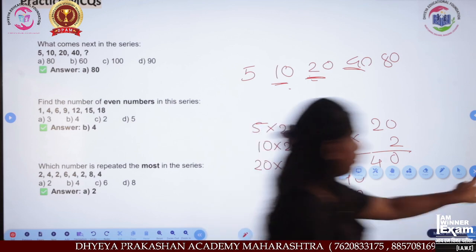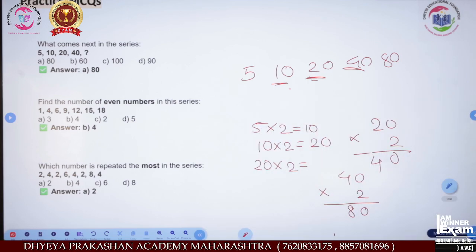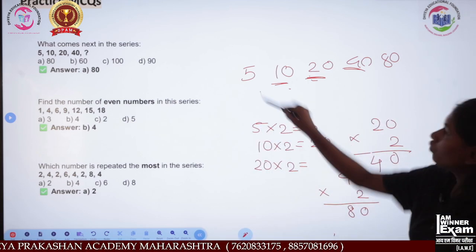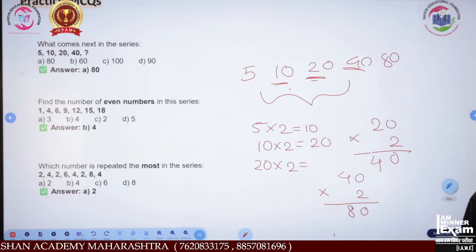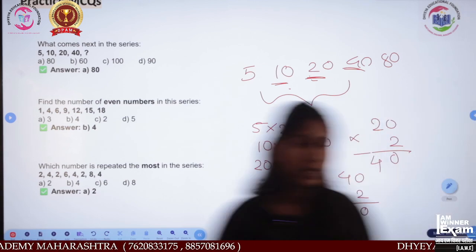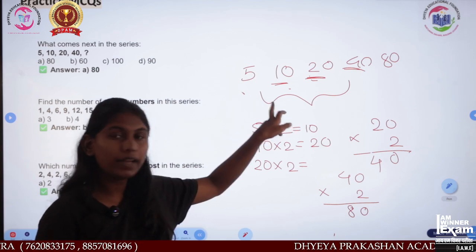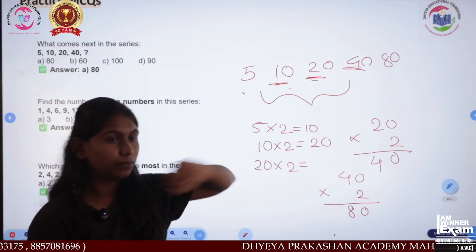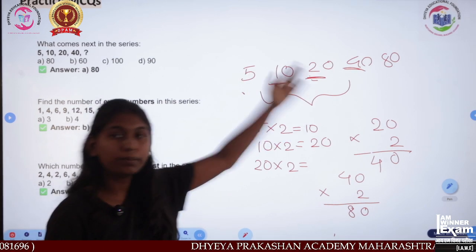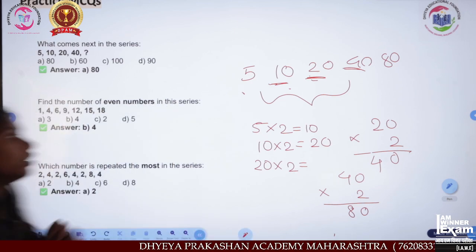Why 80? Because if you look at the series up to 40, all of these are multiples of 2. Take the first number, multiply by 2, then you get the second number. Take the second number, multiply it by 2, then you get the third number.